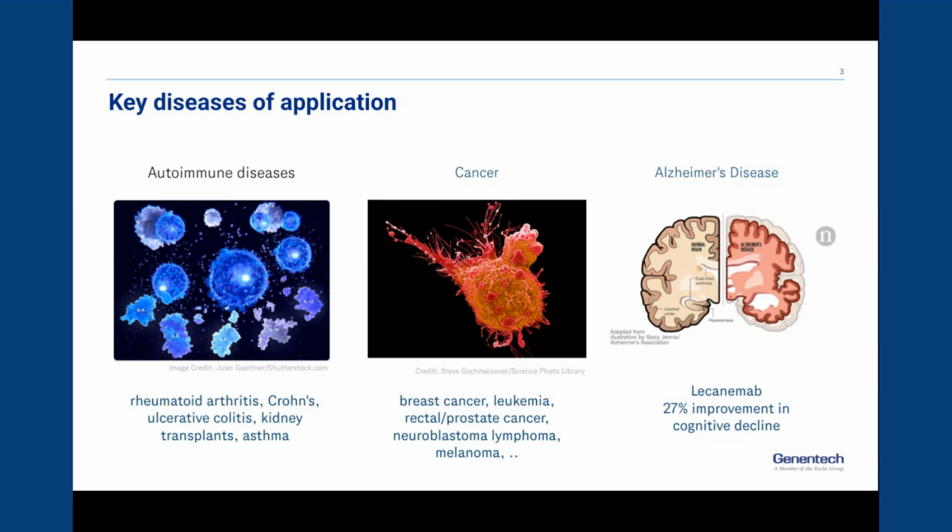For example, for cancers, one of the very first antibodies designed by my company, Genentech, is trastuzumab, and it was used for breast cancer. The promising results of, for example, lecanemab reported a year or two ago show that this antibody can effectively bind to the amyloid beta plaques accumulated in neural cells, remove them, and improve the clinical outcome of the patients.